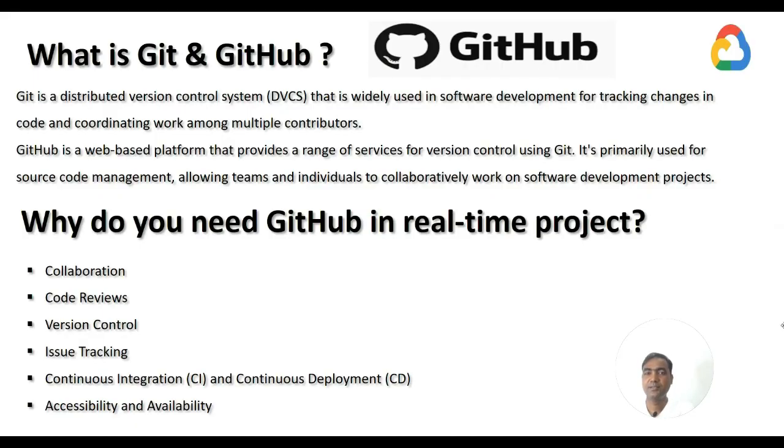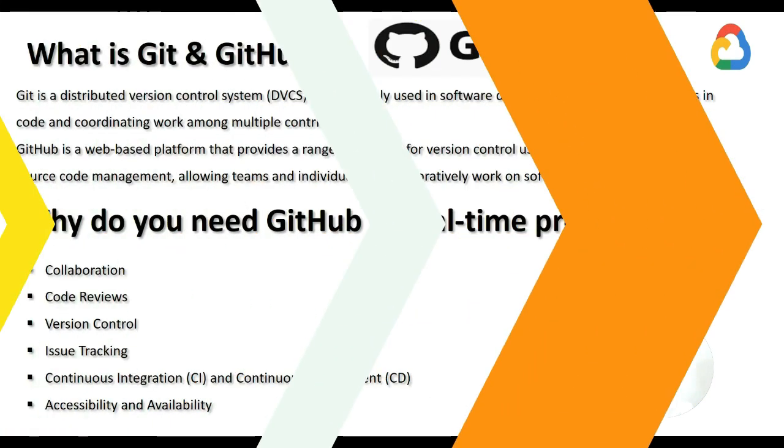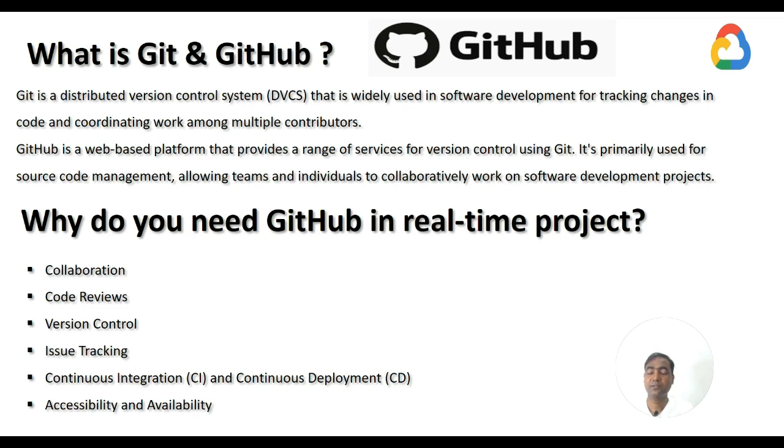Guys, as you can see here, Git and GitHub. First of all, I'll explain what is Git. Git is a distributed version control system that is widely used in software development for tracking changes in code and coordinating work among multiple contributors. Git helps manage different versions of files within a project.